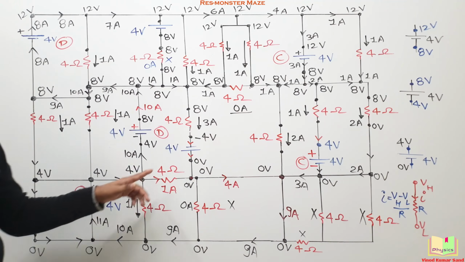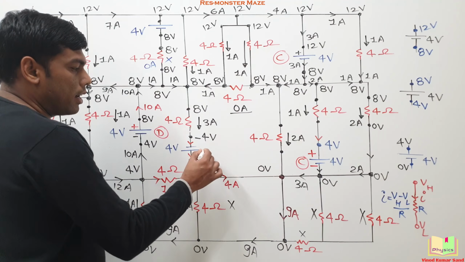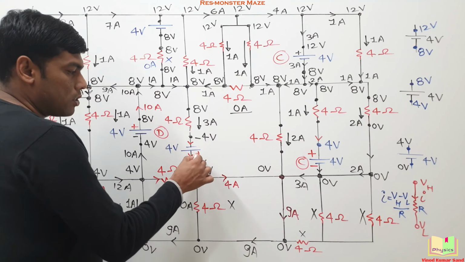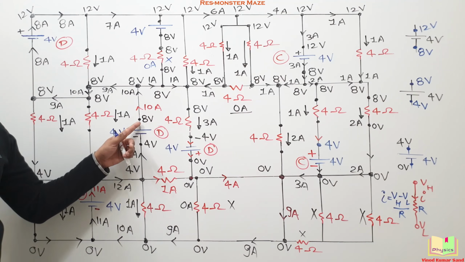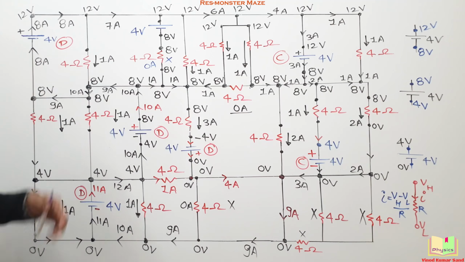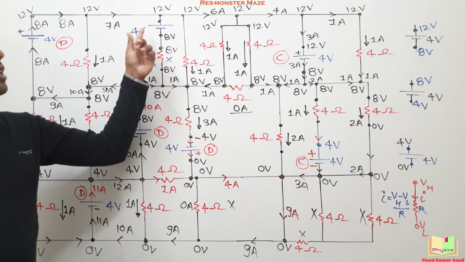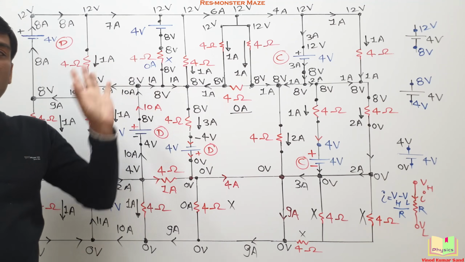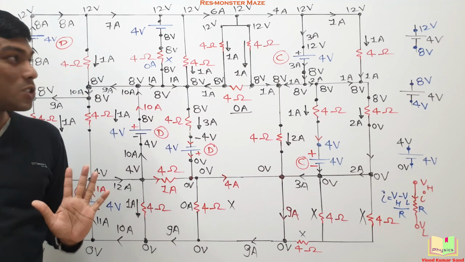This battery is getting discharged because the current is leaving the positive terminal of the battery. This battery is also getting discharged, this is getting discharged, this battery is getting discharged, and this battery is neither getting charged nor discharged because there is no current in this branch.